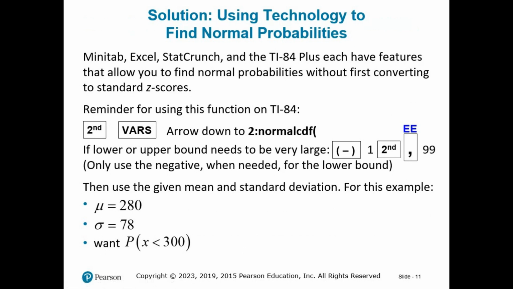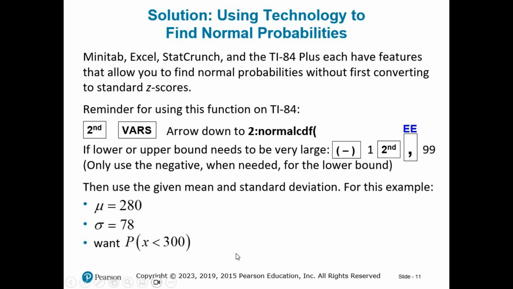You want to press the second button, then VARS to access the distribution menu, then arrow down to the number 2, normal CDF, not the PDF function, CDF. If you need a large lower or upper bound for a problem, remember the way to enter a lower one is to use the negative button, then 1, then the second button, then the comma, which is selecting the inner exponent or EE choice.